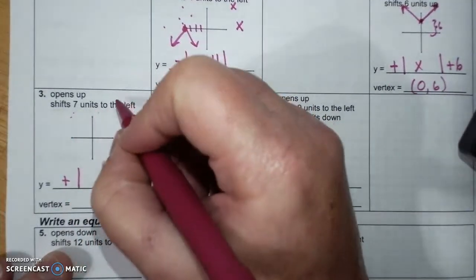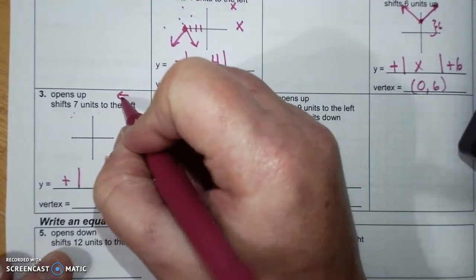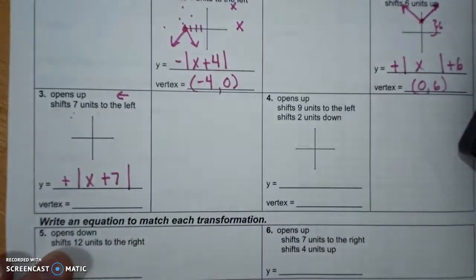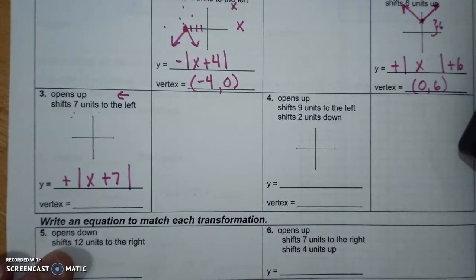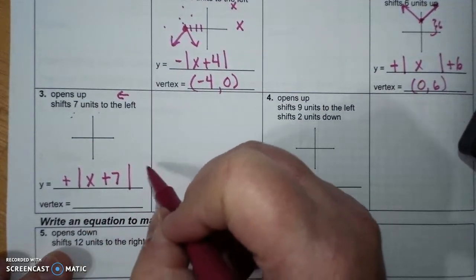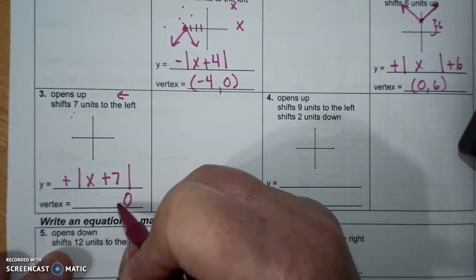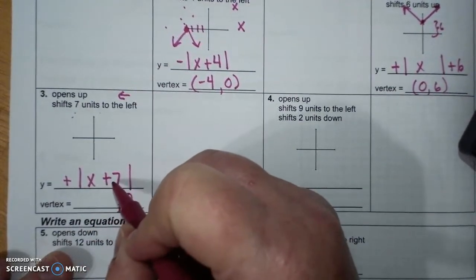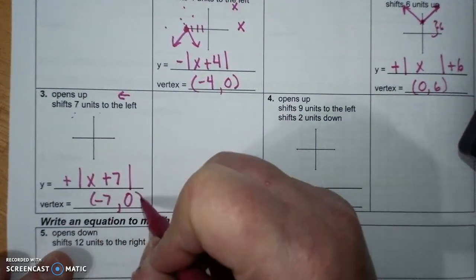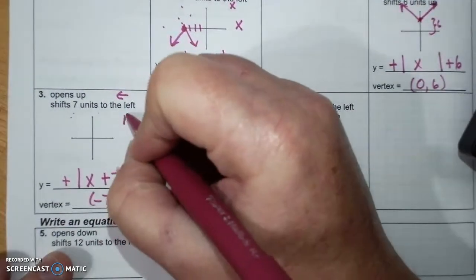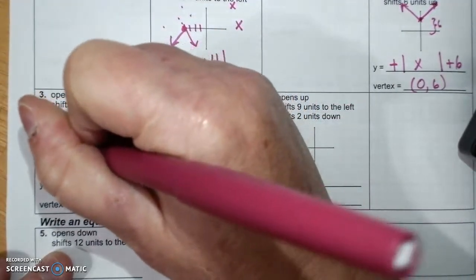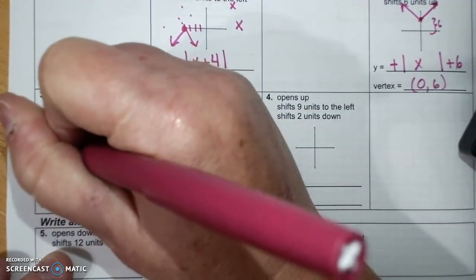Shifts 7 units to the left, which is a +7, and left is inside. The vertex: there's nothing outside, so there's a 0, and this is inside, so instead of a 7, it's a -7, and it has a minimum, so 1, 2, 3, 4, 5, 6, 7.